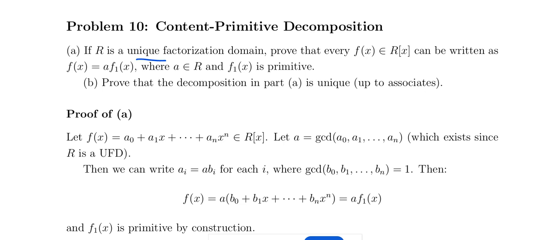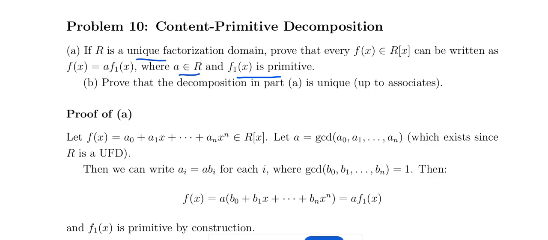Every f of x belongs to R[x] can be written as a times f1 of x, where a belongs to R and f1 of x is primitive. Primitive means the GCD of the coefficients of the polynomial should be equal to 1.